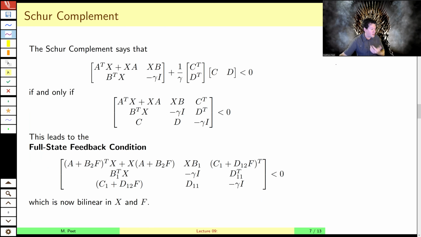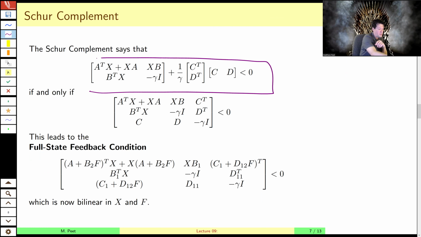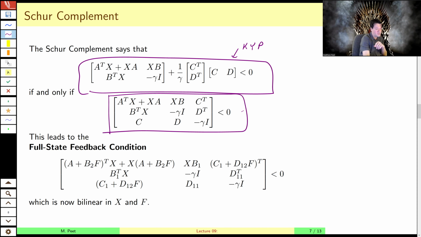So now if we apply the Schur complement to the KYP lemma, we get a new version of the KYP lemma, where the problem is bigger. Dilated means we've increased the size of the LMI.